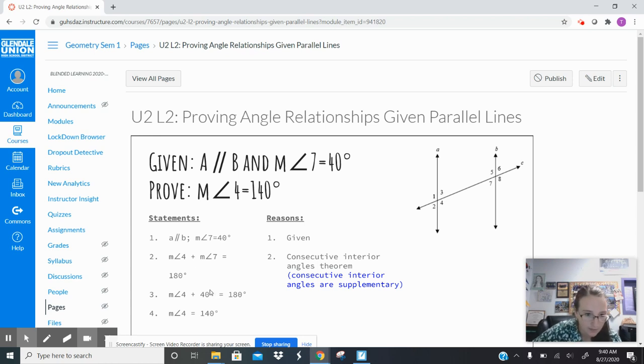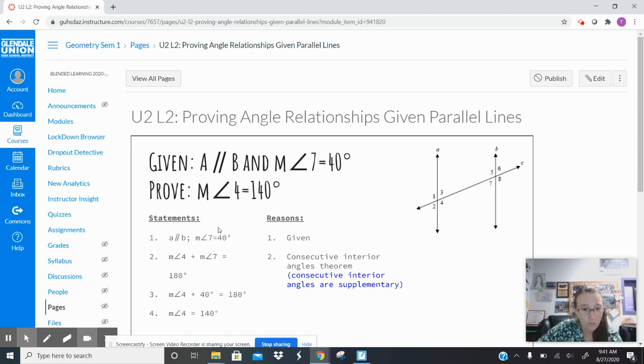Then we go to the next step. We have angle 4 plus 40 equals 180. Now this is a little tricky. How did we get from statement 2 to statement 3? That's our reasoning. Notice what changed. Statement 2 said measure of angle 4 plus measure of angle 7, and now this says measure of angle 4 plus 40.